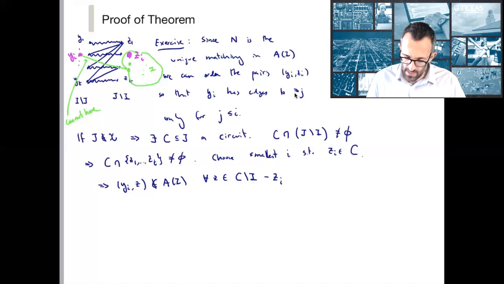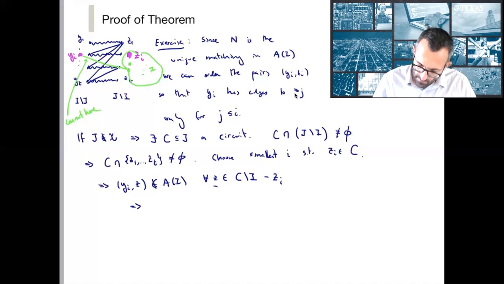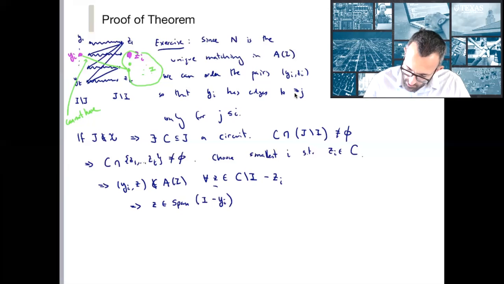So what does that tell us about any such z in the circuit? This means that z is in the span of I minus yi, for any z in the circuit minus I minus zi.